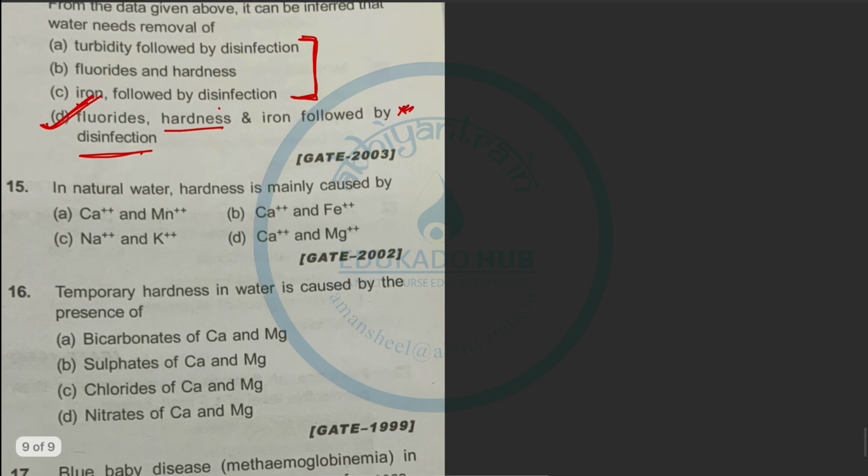Now question 15, in natural water hardness is mainly caused by what things?